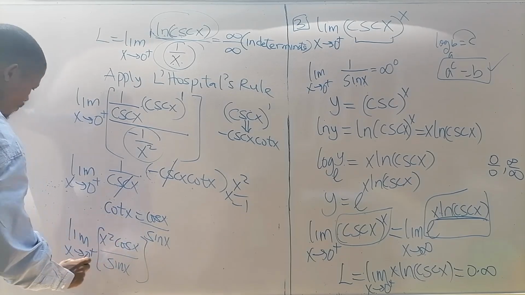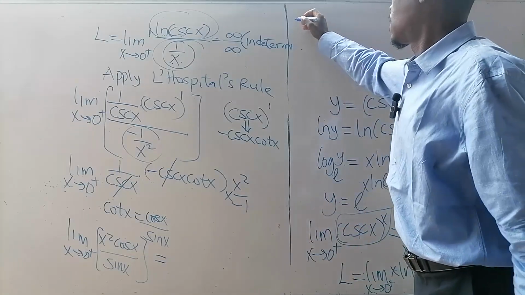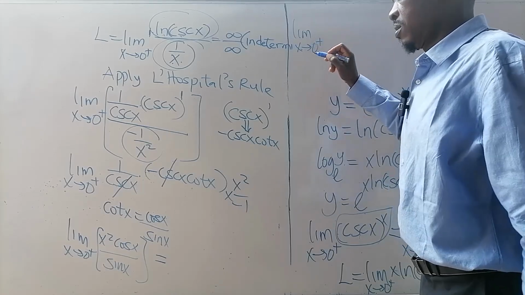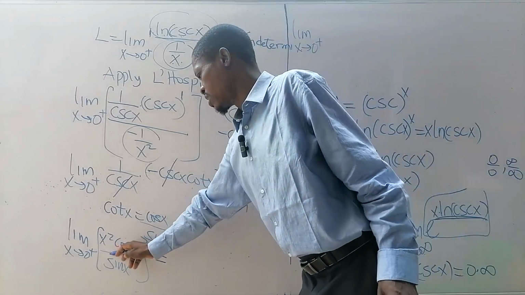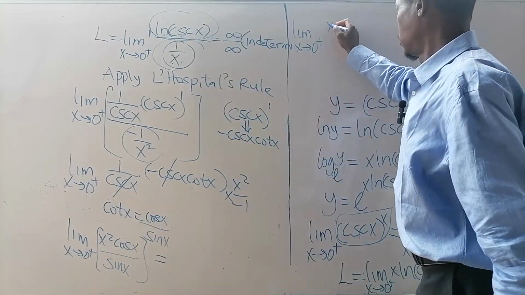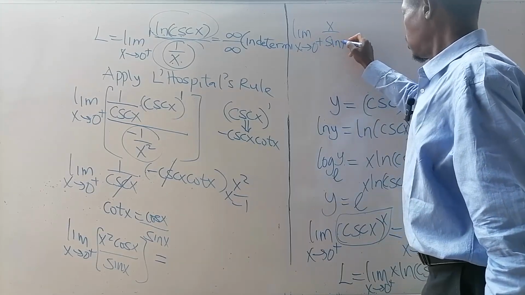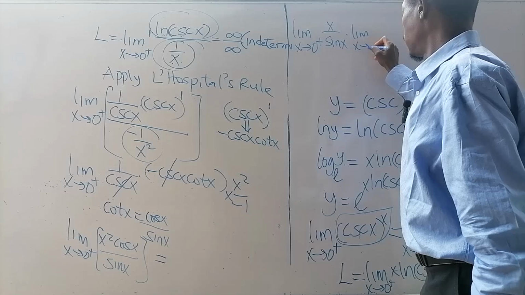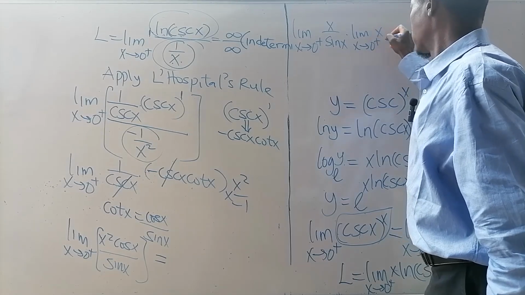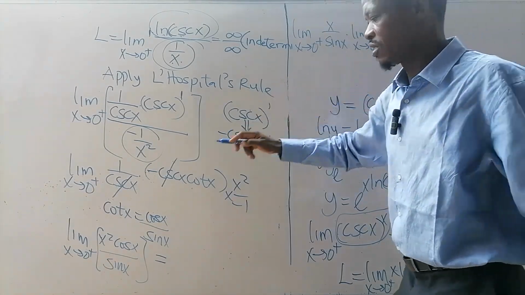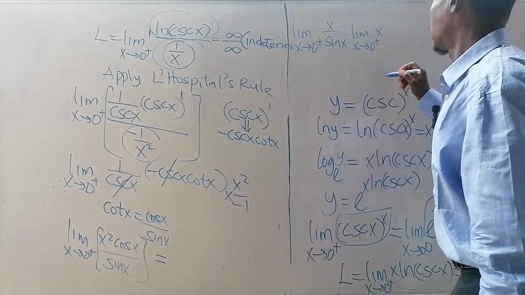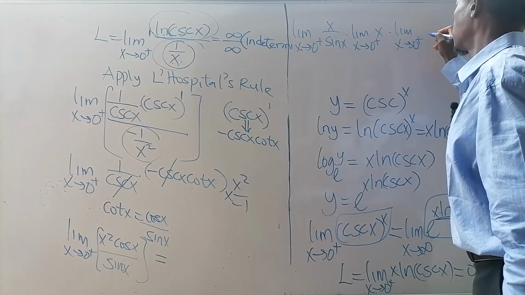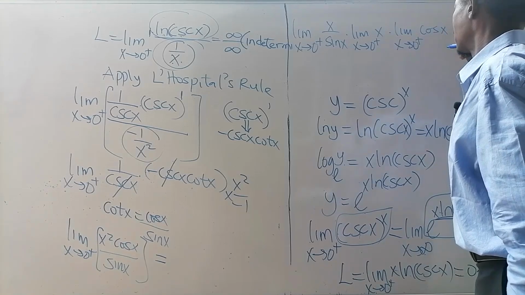We can try to do algebra for this one. I split this into two: the limit as x tends to 0 positive of x over sine x, times the limit as x tends to 0 positive of x cos x.